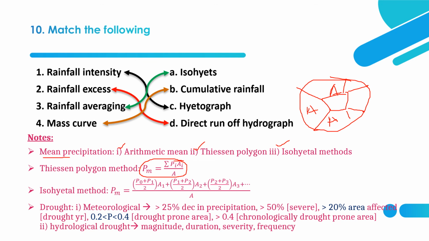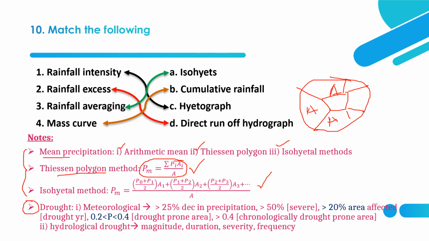So Pi into Ai divided by the total area of the catchment. Isohyets are the lines joining points of the same rainfall intensity. So Pm is equal to P0 plus P1 by 2 into A1, and summation of all those divided by the total catchment area. This is how we calculate the mean or average precipitation.